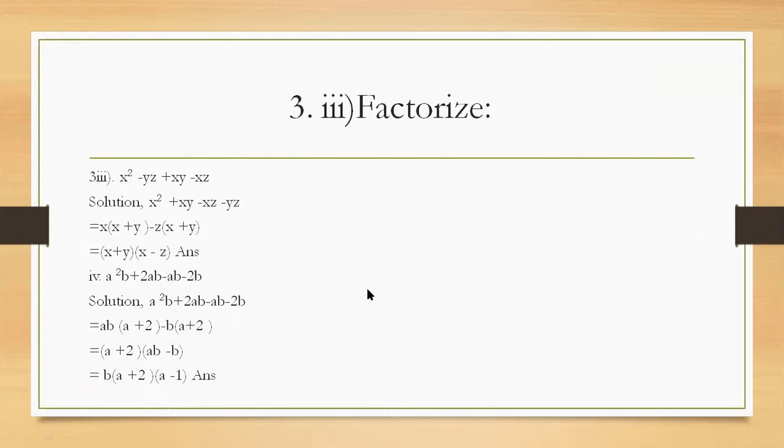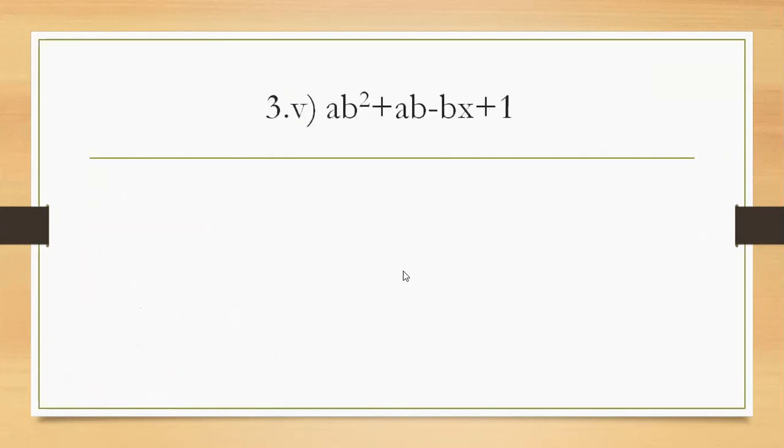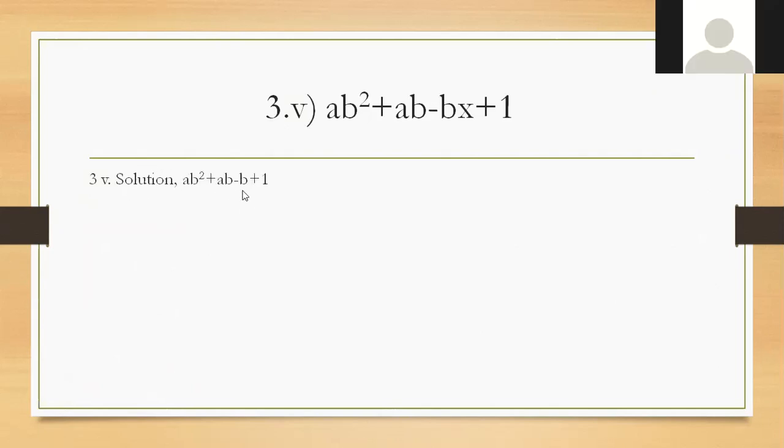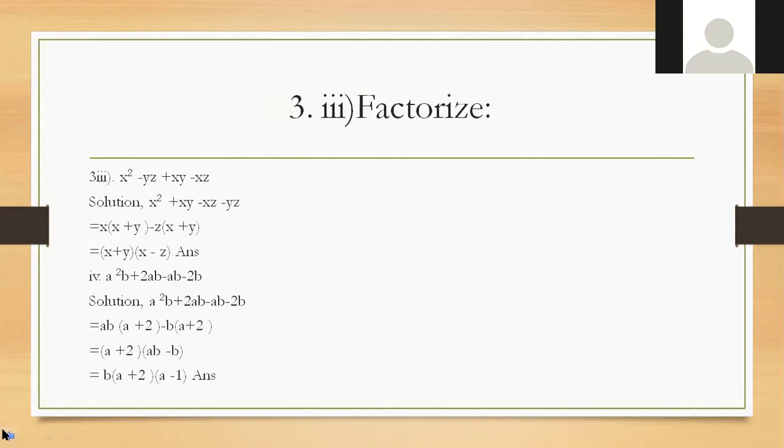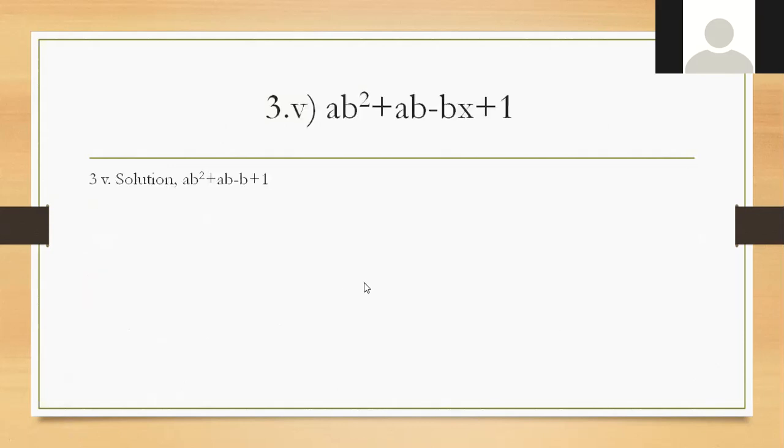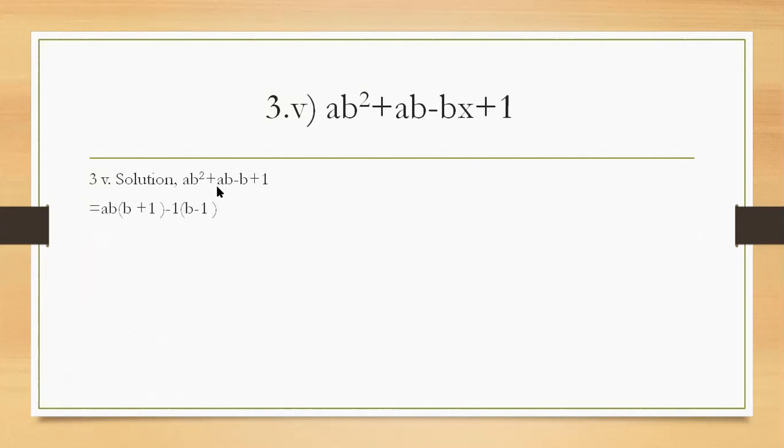Now look here. I am going to show you the next question, number 5. How many terms are there? There are also 4 terms. First of all, in the first 2 terms, what is common there?